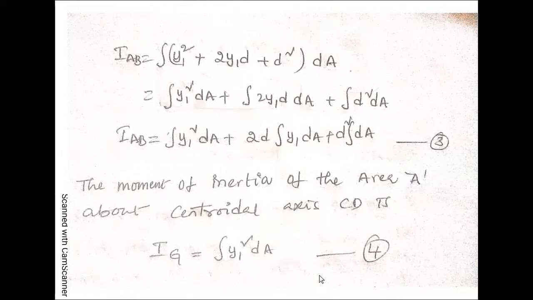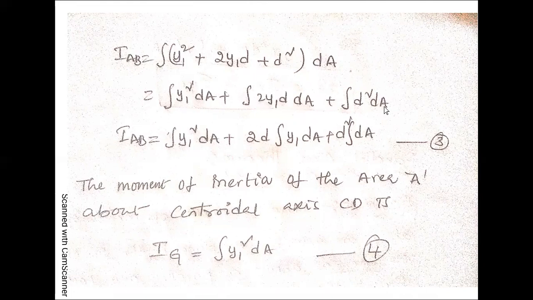If you elaborate, a square is y1 square, 2ab is 2y1d, plus b square, that is d square, into dA. If you make separate integrals, integral y1 square dA is the first term, integral 2y1 d dA is the second term, and integral d square dA is the third.